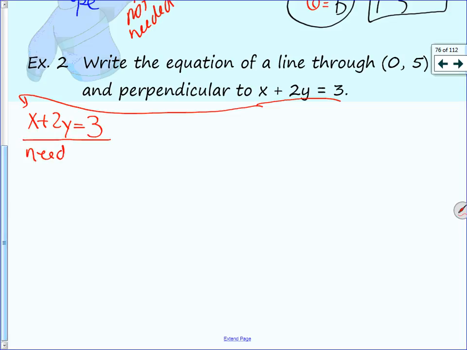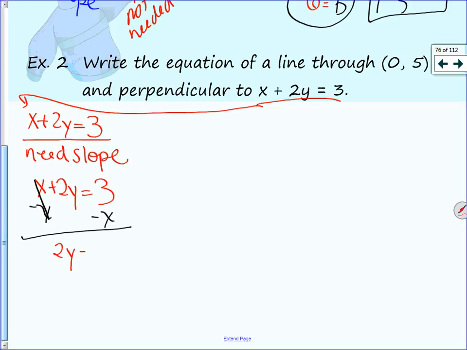Need slope. So again, to find the slope, I have to put it in slope-intercept form. So I'm going to subtract x on both sides. Then I'll divide by 2 to get y by itself.